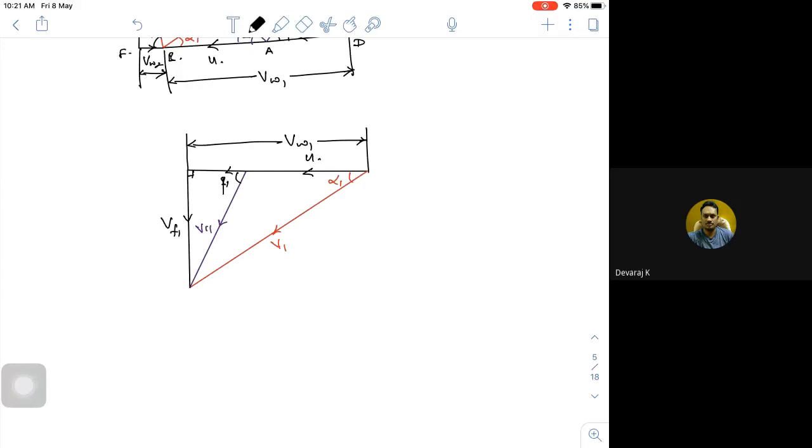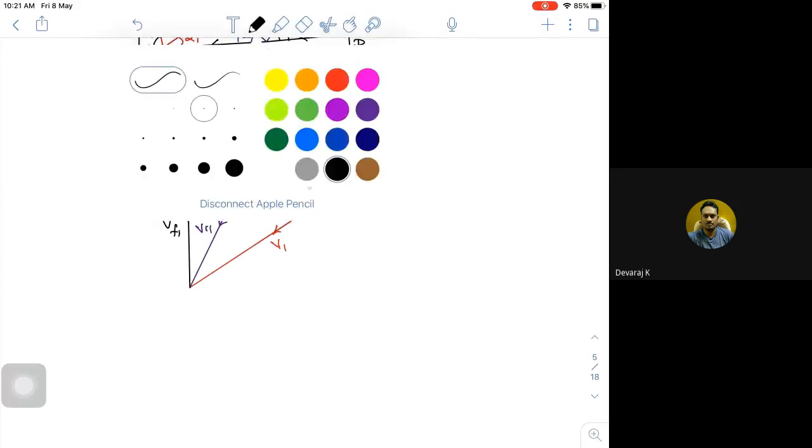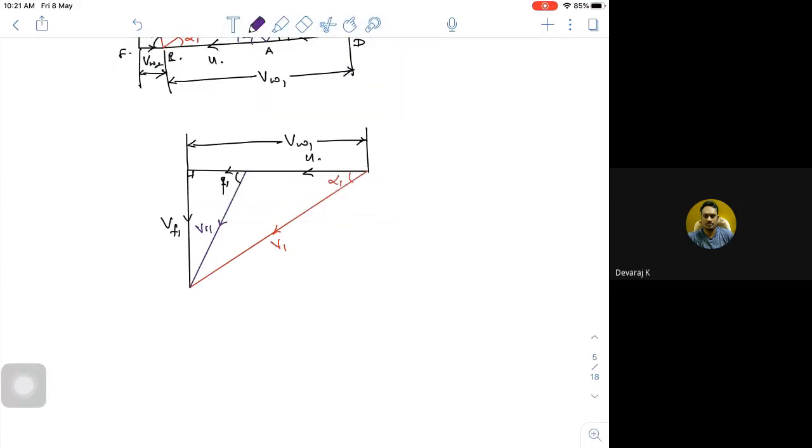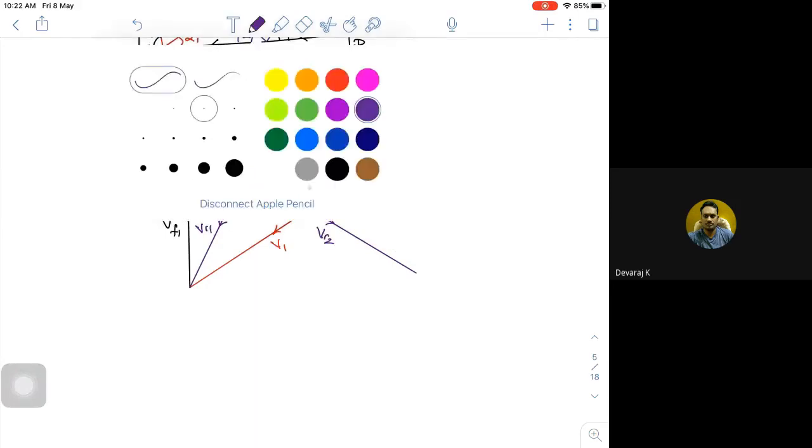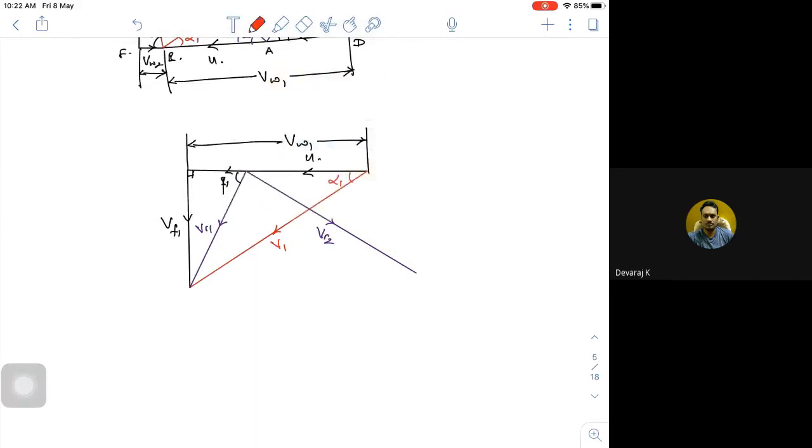So similarly, if I want to write the exit triangle from beta 1, I have to draw VR2. It goes like this. So this is VR2. Then join with V2.